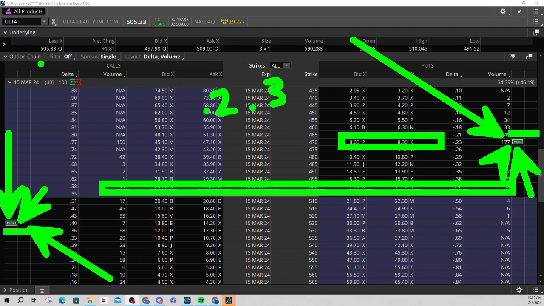Now, in the back of my head, in this scenario, I understand that I paid $4. And let's just say that in this case, ULTA calls were basically 0.20 by 0.30, 20 to $30 here. Let's just say they got in the money and we still had 3 days left. And all of a sudden, these calls are actually going for $14.